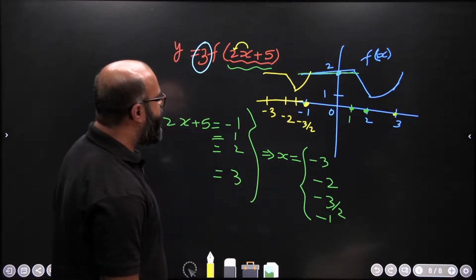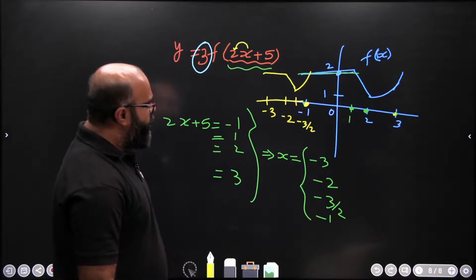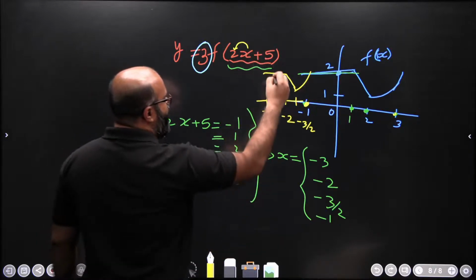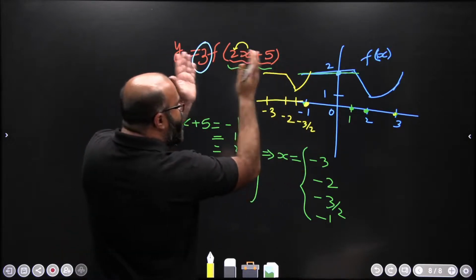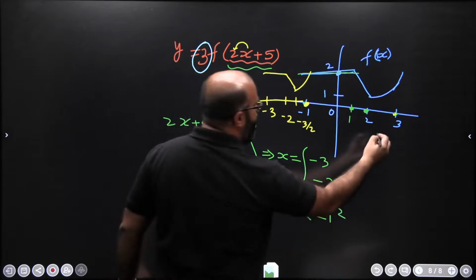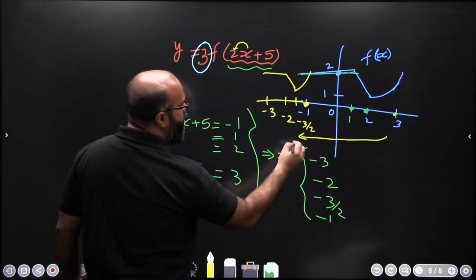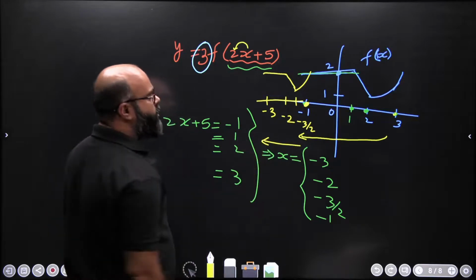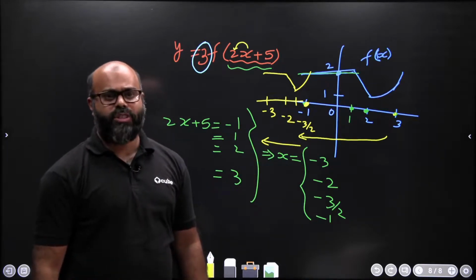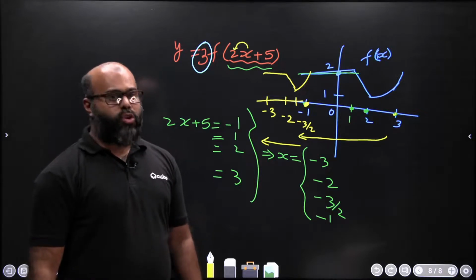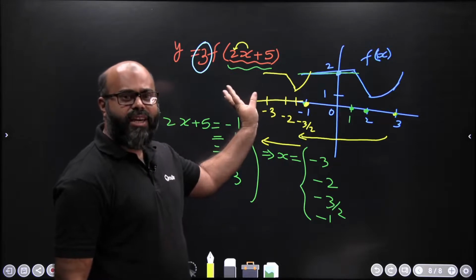So it has shifted this much, from 3 to minus 1, and then minus 1 to minus 3. So of course it has shifted and shrunk; both are happening at the same time. What you observe here is that it is getting shifted as well as shrunk.